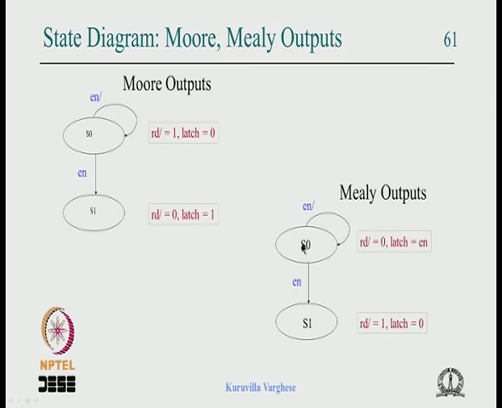So when enable comes it does 2 things, it transits to the next state upon the next clock, and in this state itself, when enable becomes 1, the latch becomes 1.